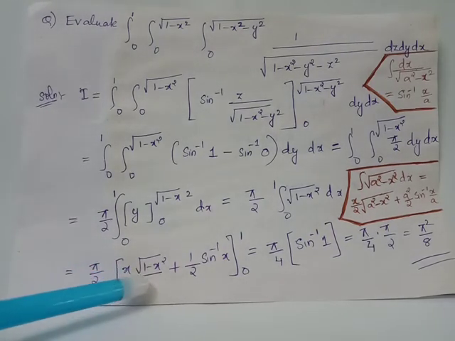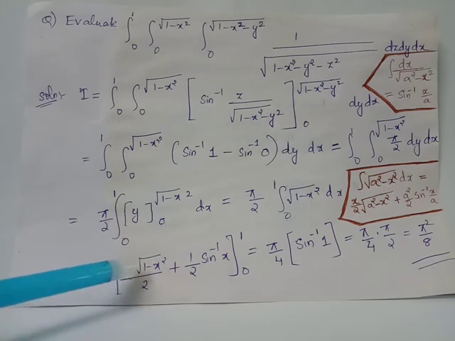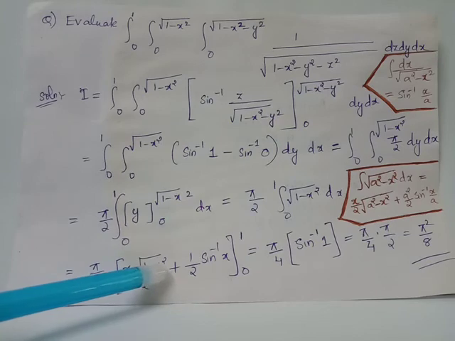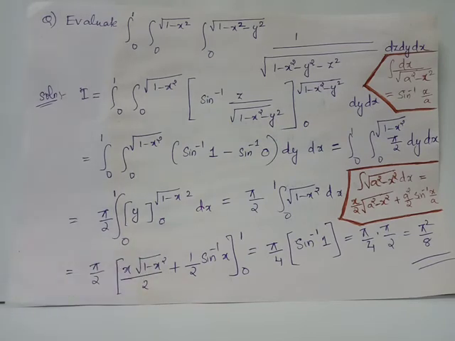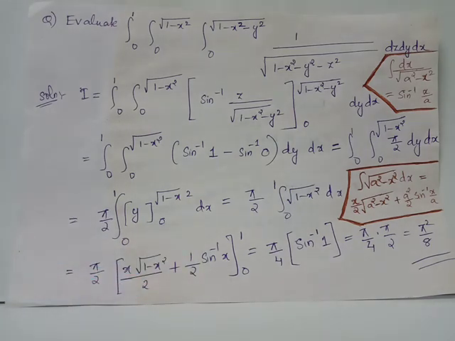For this term, when you give x equals 0, which is the lower limit of x, this term becomes 0. When you give the upper limit x equals 1, again this term becomes 0. Therefore, this is the only term which will give us a non-zero answer on application of the upper and lower limits of x. Since sine inverse 0 equals 0, this term also becomes 0 when you give x equals 0, which is the lower limit.